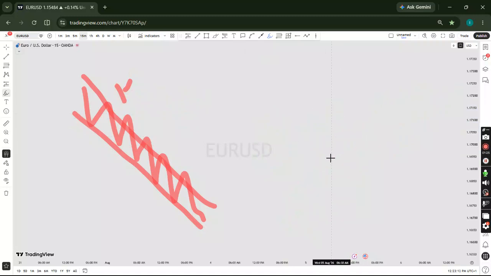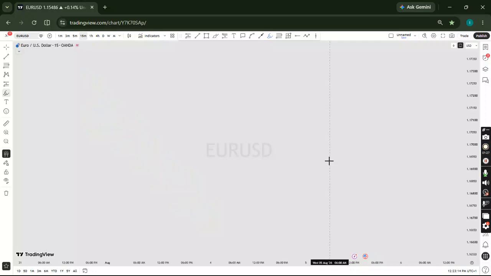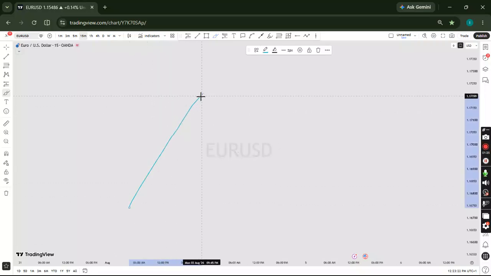Then I'm going to go through exactly what I'll talk about. So what we look for when we have a move to the upside like this, the first thing we want to look for when price is coming back down are those points that touched each other. Now, by touched each other, what do I mean?